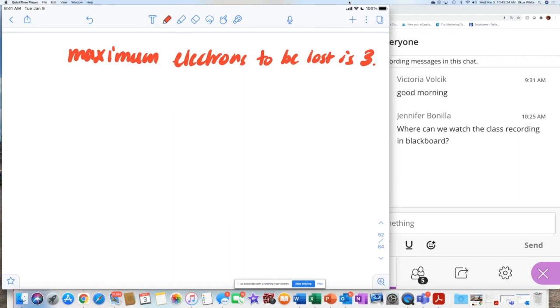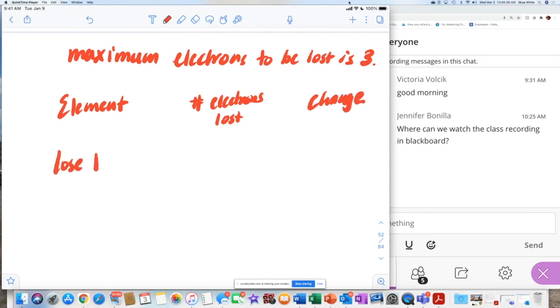Okay, so an element, I'll write here number of electrons lost and then charge. An element can lose 1 electron.